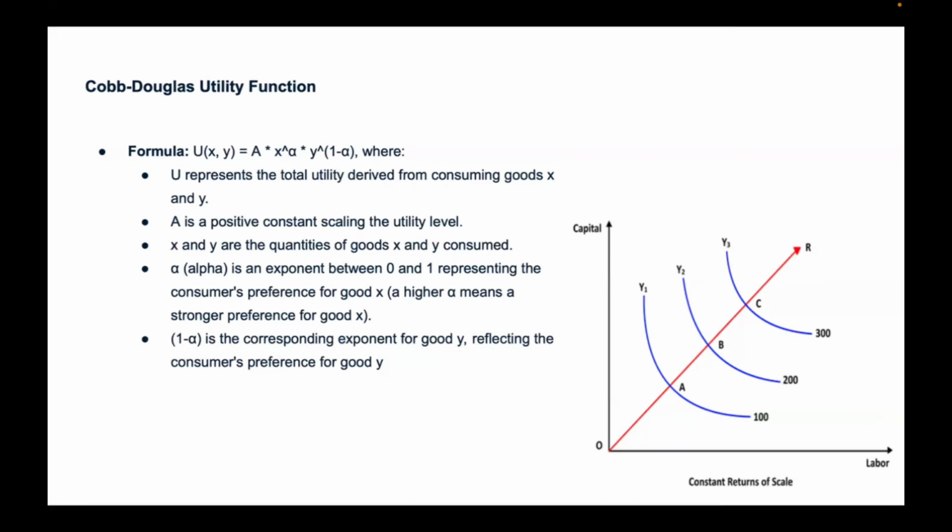Outputs in this model depend both on the scaling factor A and these preferences, which guide how resources are allocated in an economy. Understanding this function helps us analyze decisions around resource distribution and overall economic welfare.